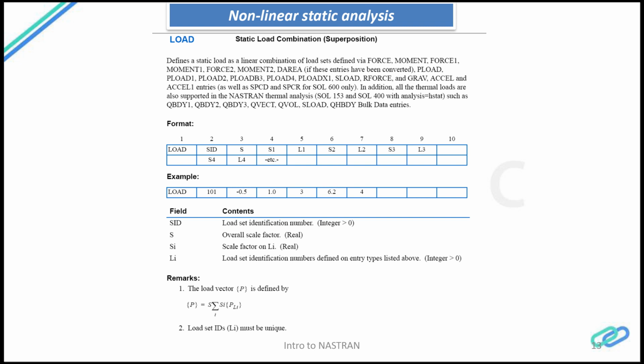So what we have for the command is the set identification number, and then the overall scale factor. You can change the scale factor over here in the BDF, and then these are all the scale factors for the local set identification numbers. It combines multiple loads into one applied loading.